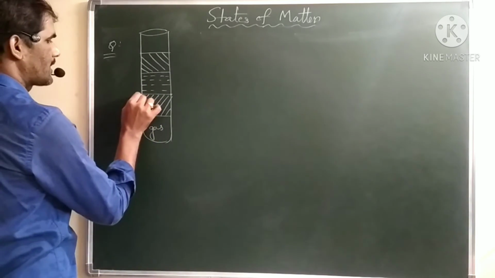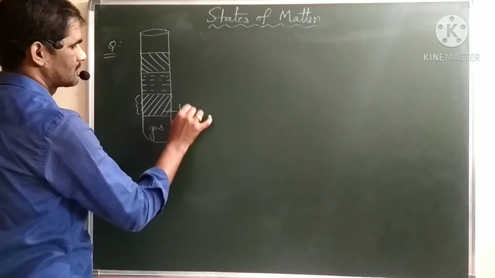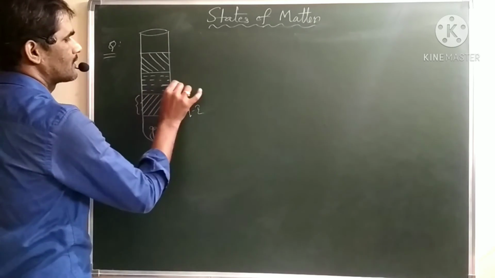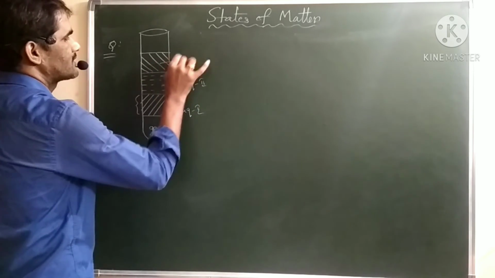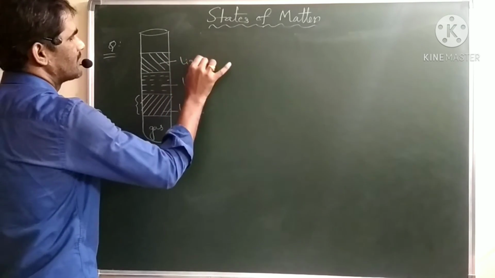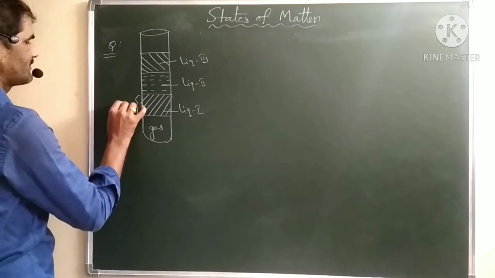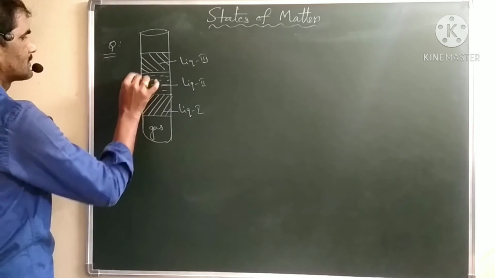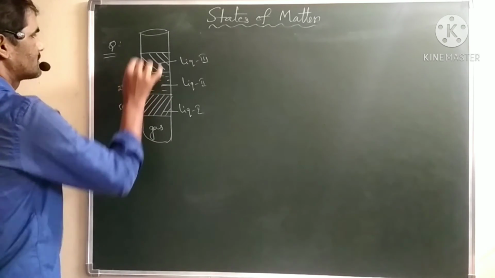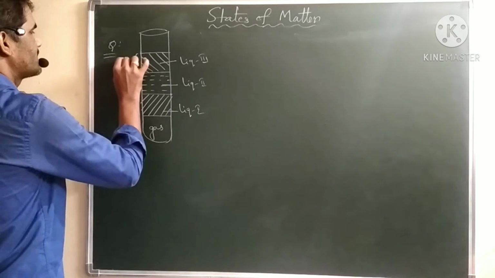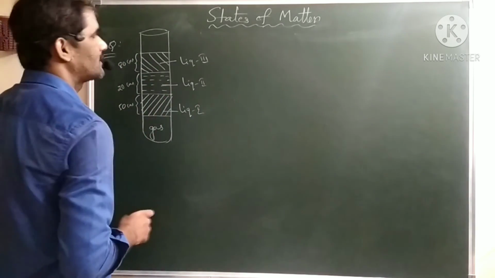Now let us assume this is liquid 1, this is liquid 2 and this is liquid 3. Now the height of this liquid is 50 centimeters, the height of this is 20 centimeters and the height of this one is 80 centimeters.